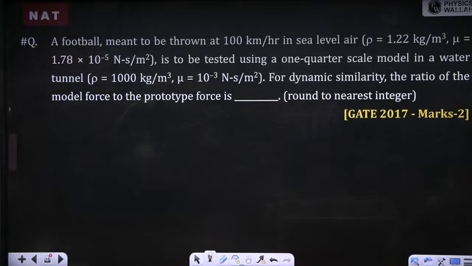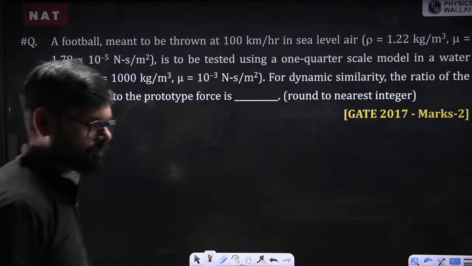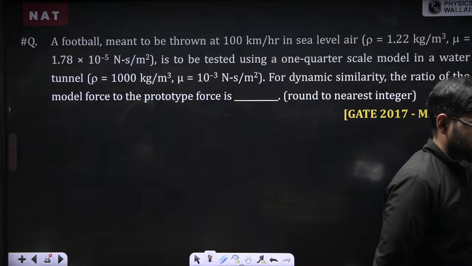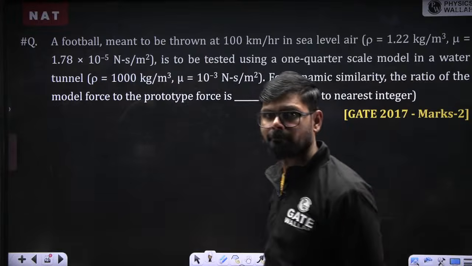Solve fast. Solve this problem. This is really a good problem, I would say.